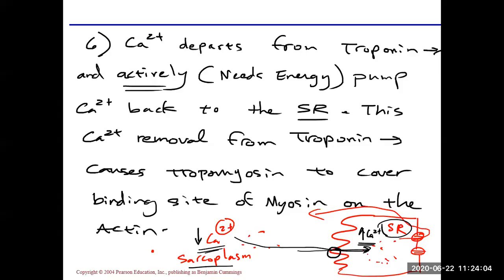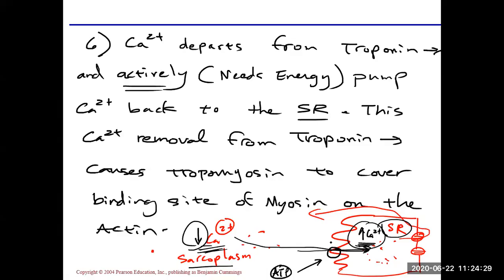But this calcium needs to be removed. And there is a special pump that they activate using, again, ATP. ATP is needed. Once you break down the phosphate bonds, energy is released, and that's enough to take the calcium from low to high.